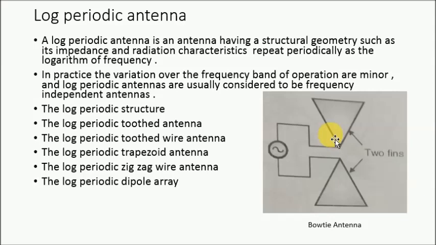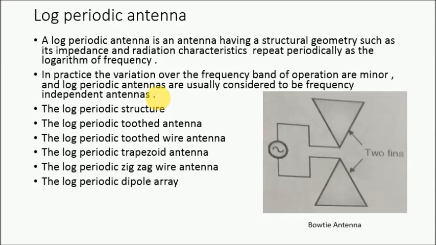In practice, the variations over the frequency band are small, and log periodic antennas are considered to be frequency independent antennas. Although we have spiral antennas, they are not simple in structure and construction, and would be simplified if a simple geometry involving circular or straight edges were used.